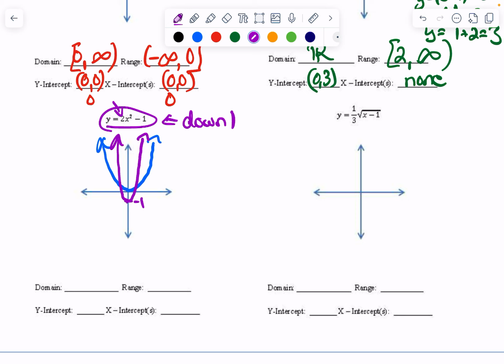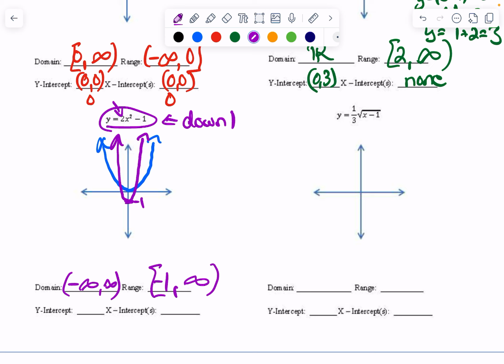Okay, so our domain here, again, the x is going to be from negative infinity to infinity, all real numbers. That should be a parentheses. And the range starts at negative 1, included, and goes all the way to infinity. That does not stop.